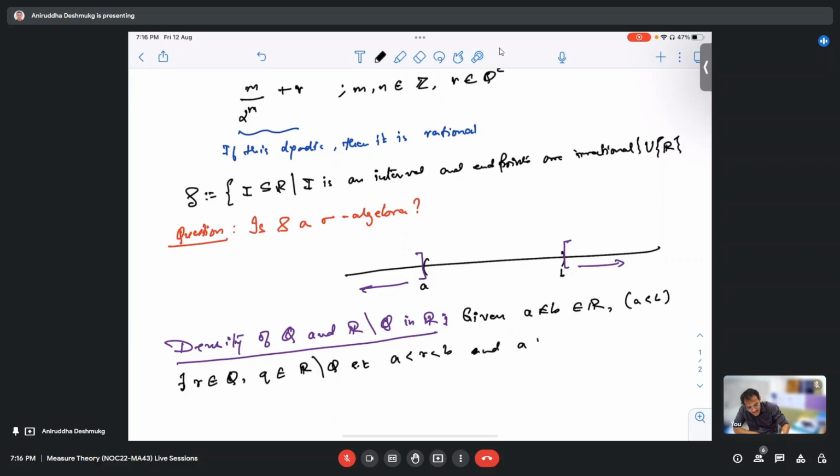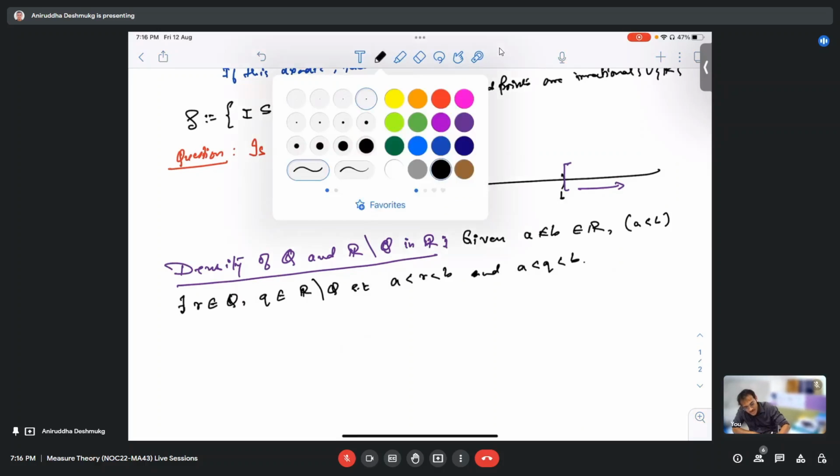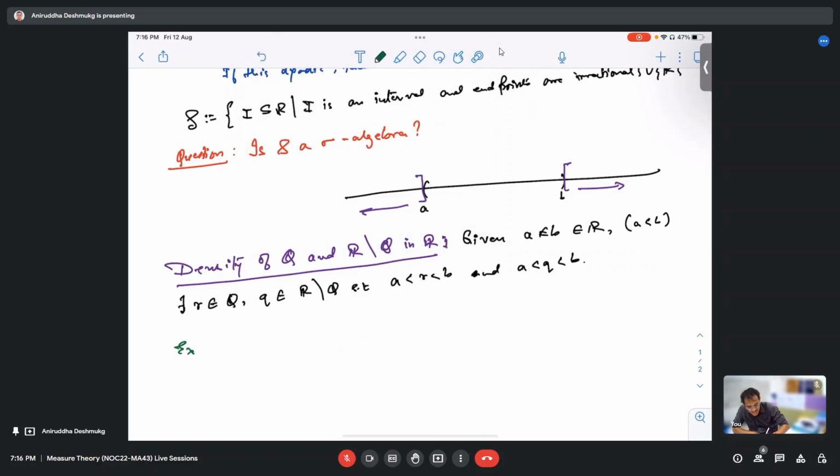Using this, one can prove, and I will leave it to you, that there is a sequence of irrationals that converges to zero.